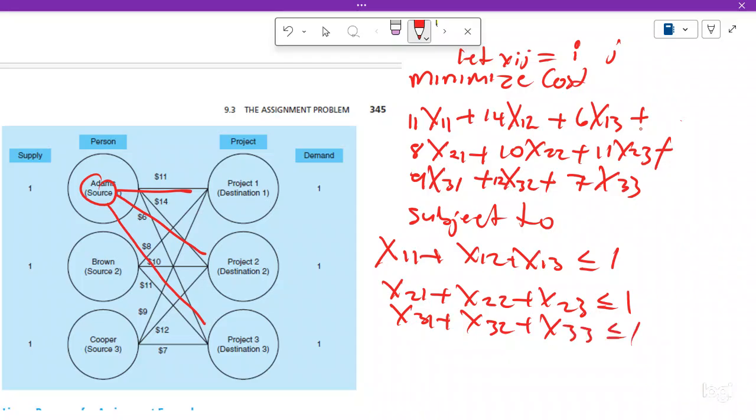Then things are slightly starting to take a different shape. Now we go to x11, x11 plus, now we're going to 2 again, x21 plus x31 equals 2. You cannot be less, or this is equal to 1.